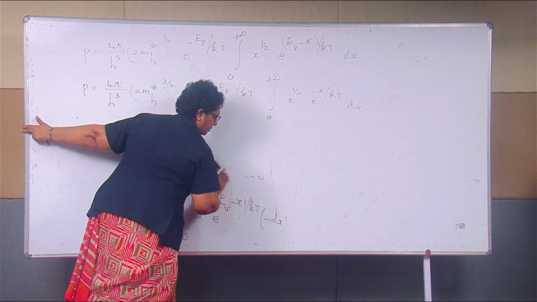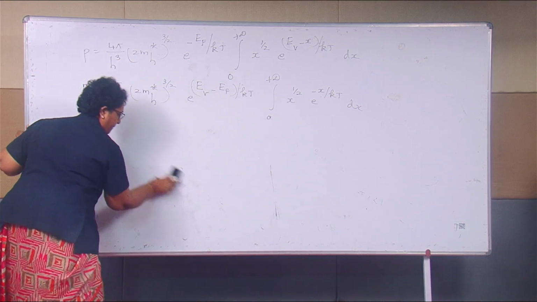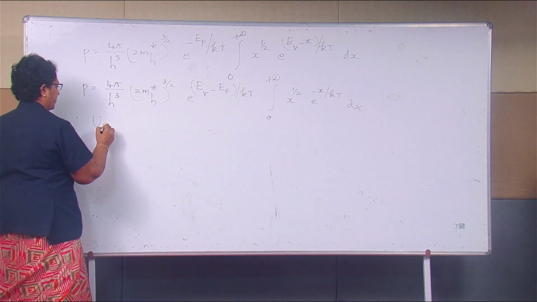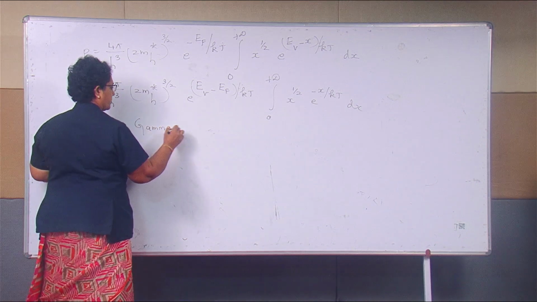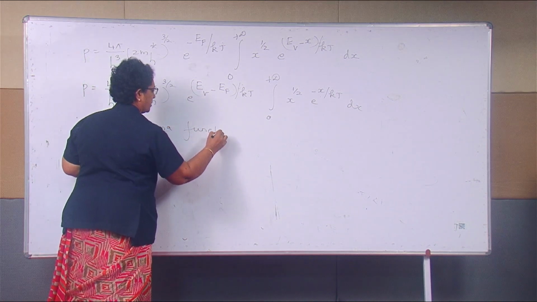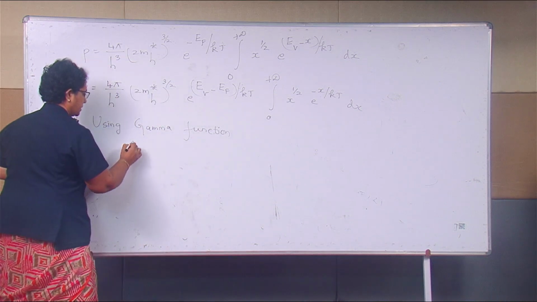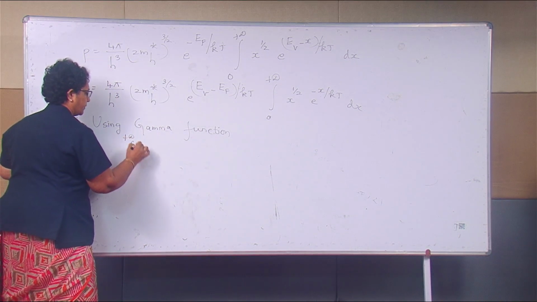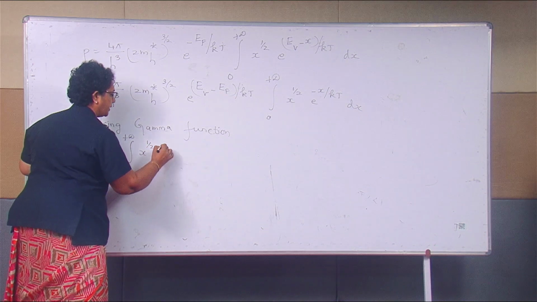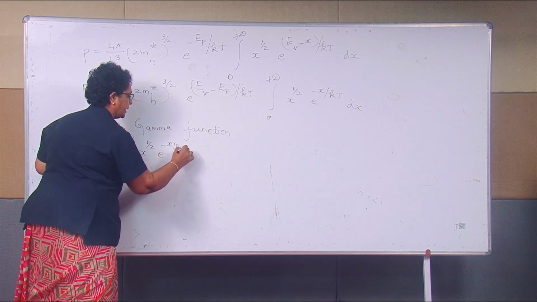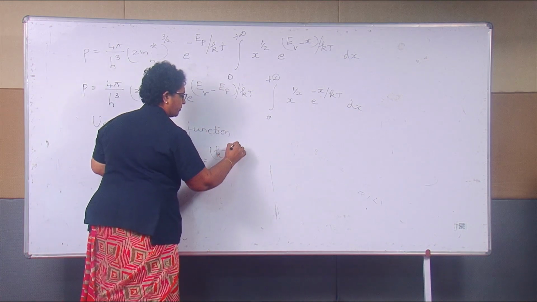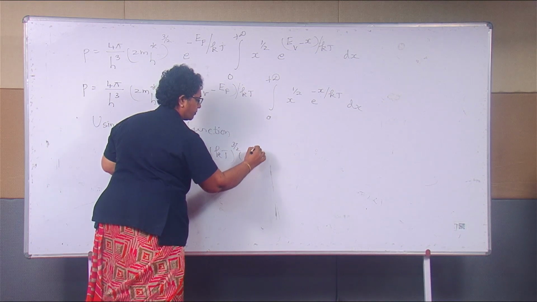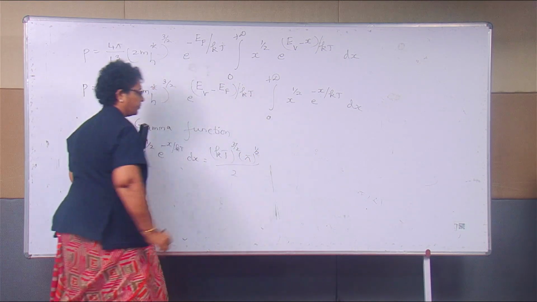By using the gamma function, the integration from 0 to plus infinity of x to the power of half e to the power of minus x by kT into dx is simply kT to the power 3 by 2 times pi to the power of half by 2.